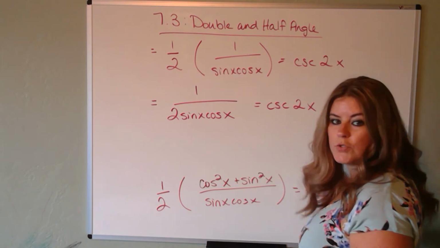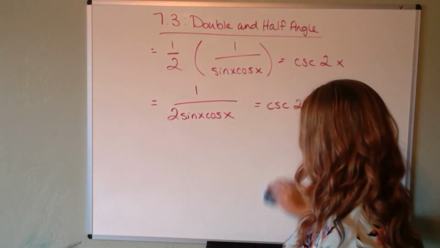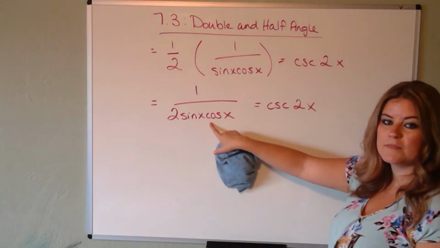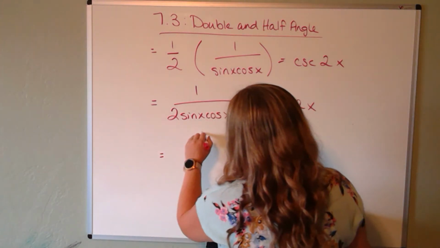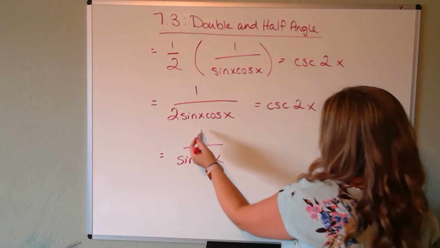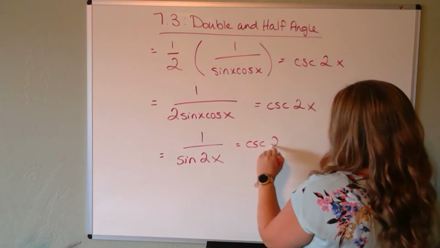You guys, what is 2 sine x cosine x? It's our new identity for sine 2x, right? So 2 times the sine x times cosine x is otherwise known as the sine of 2x. So what I really have is 1 over sine 2x equals cosecant 2x.